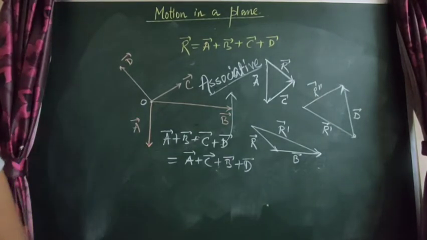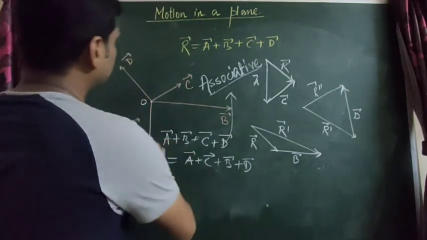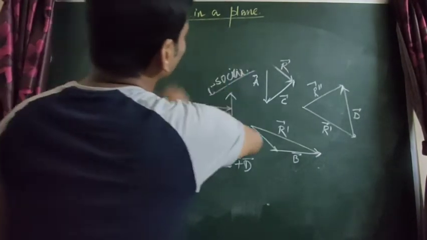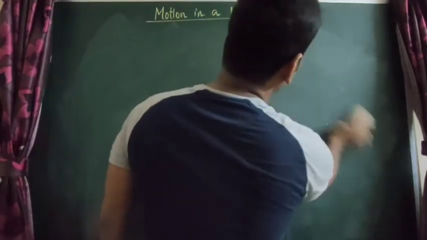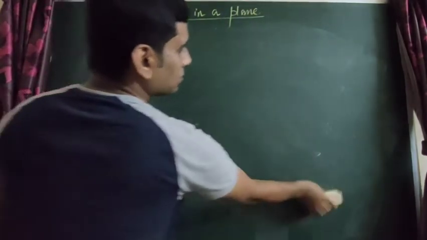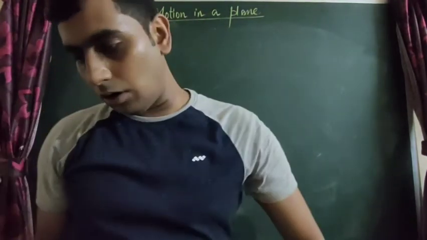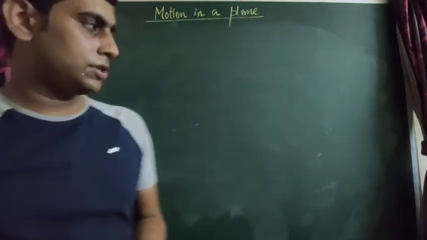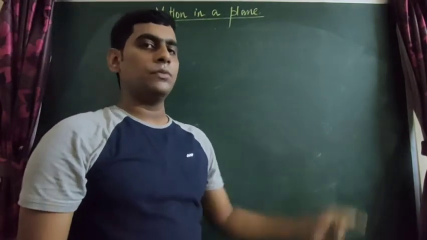Next we will discuss the analytical method of vector addition. Two laws we will study. One is known as the triangular law and another one is known as the parallelogram law. So, the triangular law of addition of vectors. Now you will understand why we were getting the resultant in the opposite direction.